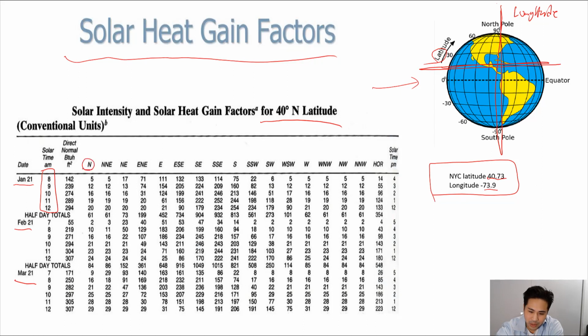So here's north, east, south, west. If I go back to this picture of the earth, north is here, east, south, west. The Earth is rotating in this direction here, and the sun, let's just put it right here, this is the sun.